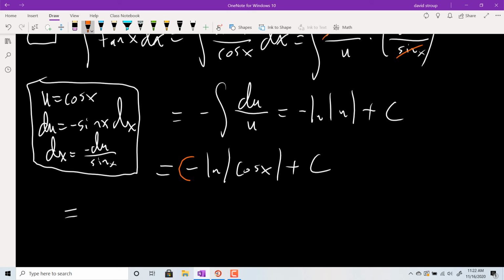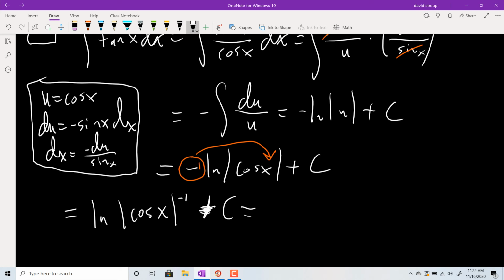Okay, so if you take this negative 1 and put it into the exponent here, you'll have the ln of the absolute value of cosine x raised to the negative 1, plus c, which is the same thing as the ln of 1 all over the absolute value of cosine x, plus c, of course.